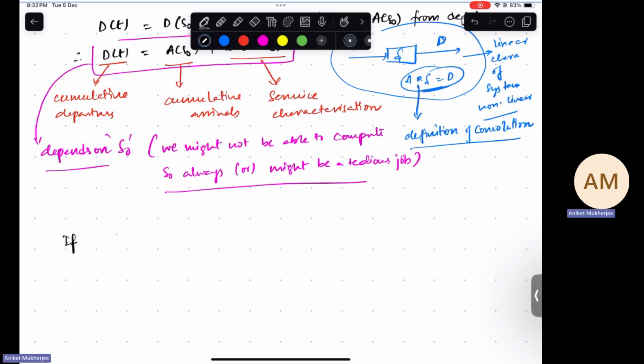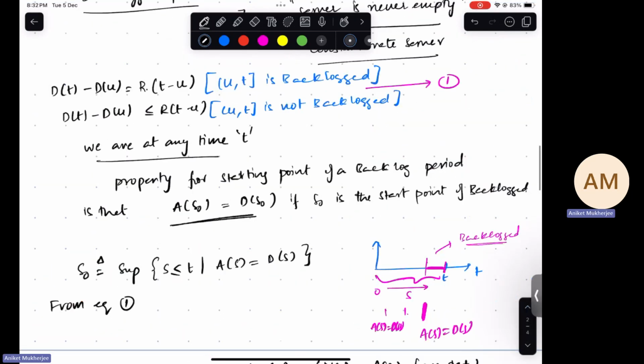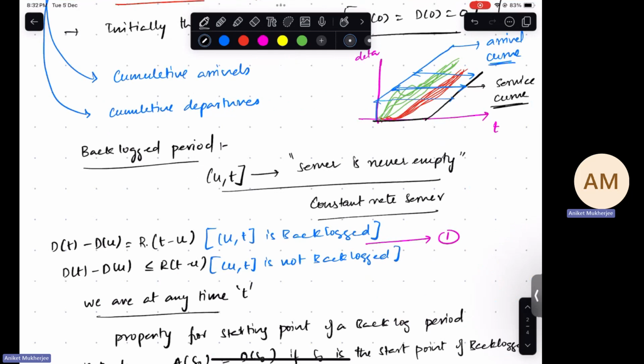So let's see if s is less than s0. Then this is not a backlogged period, right? And you'll have the second equation. This is equation 2.